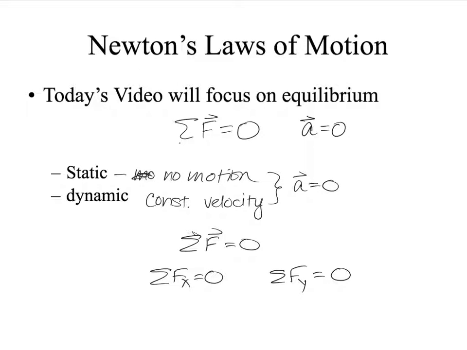And when we're looking at these individual equations, where we're looking at x and y, we have to use a consistent sign convention. For instance, to the right is positive, to the left is negative. For the y direction, up is positive, down is negative. You can actually use whatever sign convention you want, as long as you're consistent.